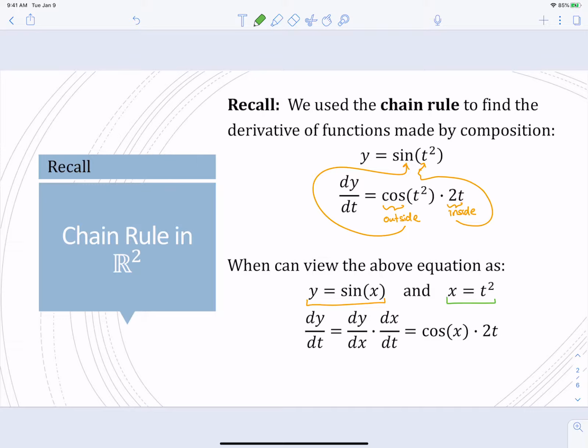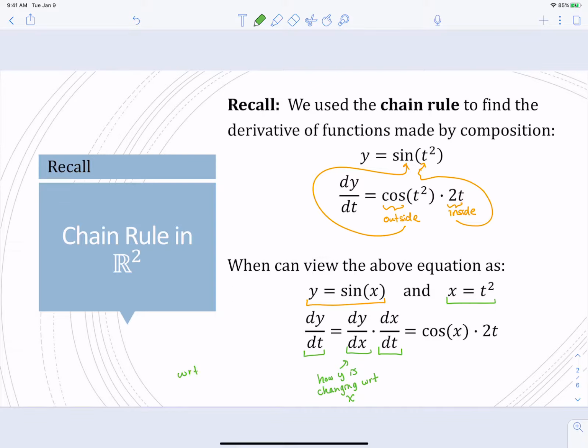But what we want to look at is taking the derivative of this, and we want to get how y is changing when t changes. Well, to get to that, we have to see how y is changing with respect to x, and then how x is changing with respect to t. Maybe we'll write that under there, how y is changing with respect to x.